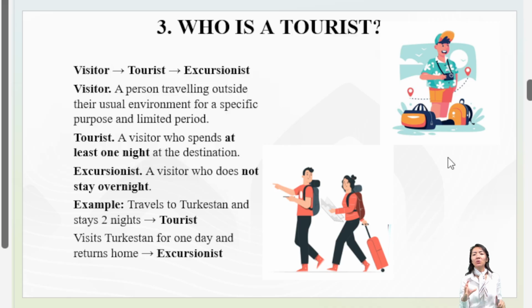An excursionist is a visitor who does not stay overnight in that place, but visits without staying in hotels. For example, traveling to Turkestan and staying 2 nights makes you a tourist. Visiting Turkestan for one day and returning home at night means you are an excursionist. That's why we should understand these important concepts: tourists, visitors, and excursionists.